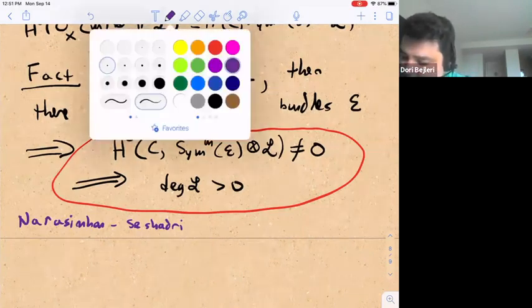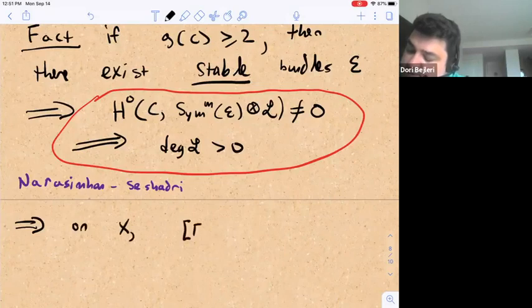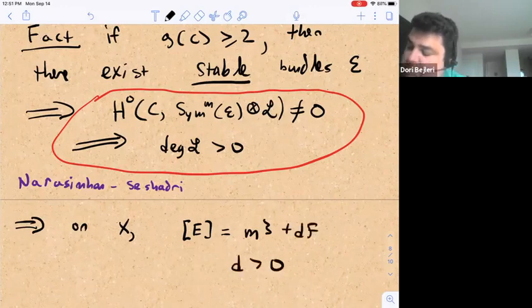And so if we take that for E, what does that imply? Well, then on X, the class of any effective curve has to be of the form M psi plus D f, where D is strictly positive.